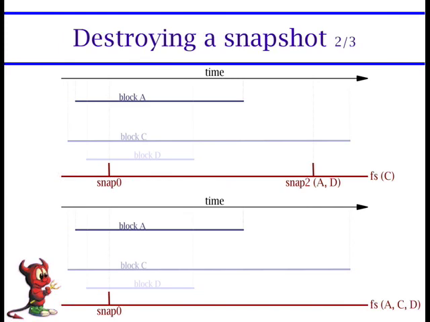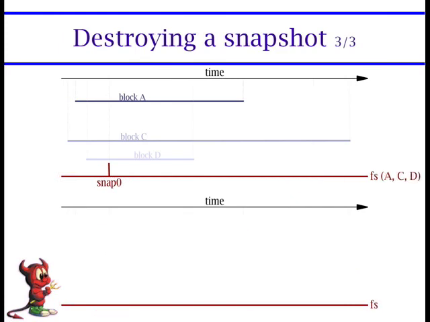And this is basically the same for other blocks, like block C here. Actually, block C is still referenced by snapshot 1, but basically, if a block was born before the snapshot and is dead after snapshot creation, we will remove the block with the snapshot itself.